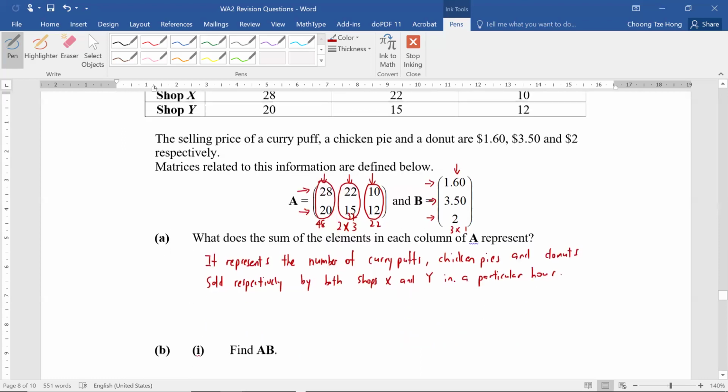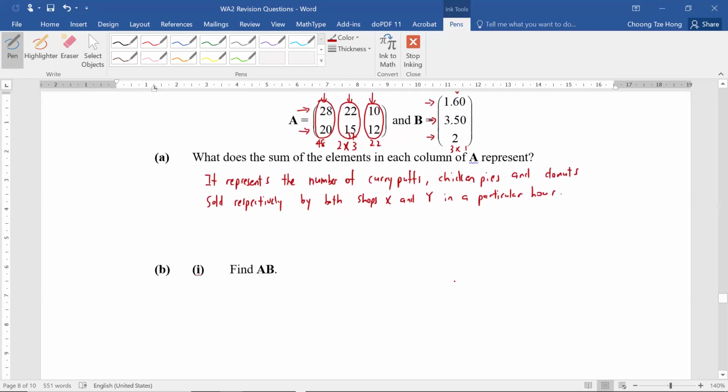Let's move on to B part 1. We're asked to multiply the matrix A and B together. So matrix A times matrix B. You have 28, 20, 22, 15, 10, 12, multiplied by 160, 350, and then 2.